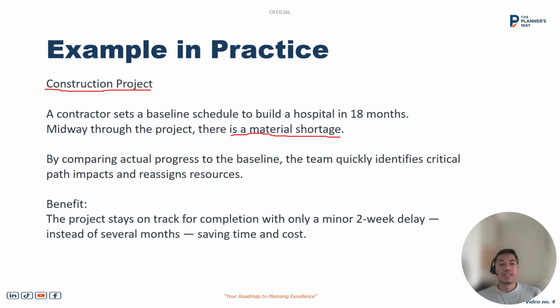If there are any non-critical activities, we will shift the resources from those activities to the critical ones first and try to mitigate the impact of the shortage. And what's the benefit? The project stays on track with some minor delays rather than several delays, and it saves us cost and time.